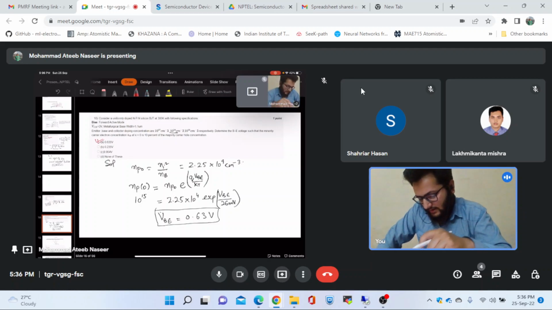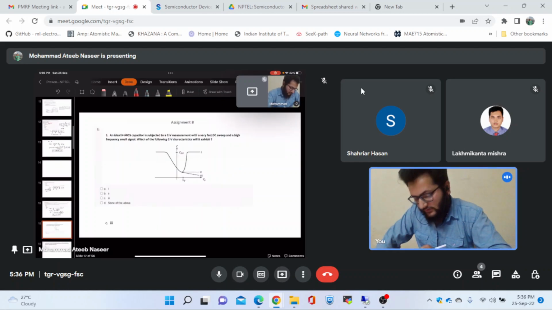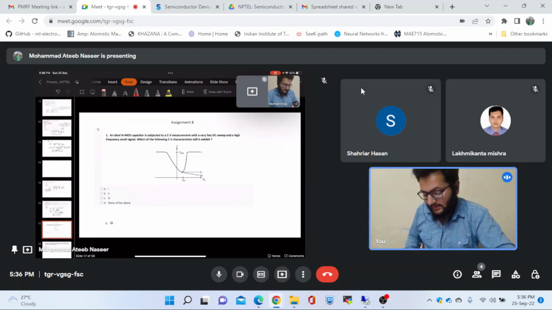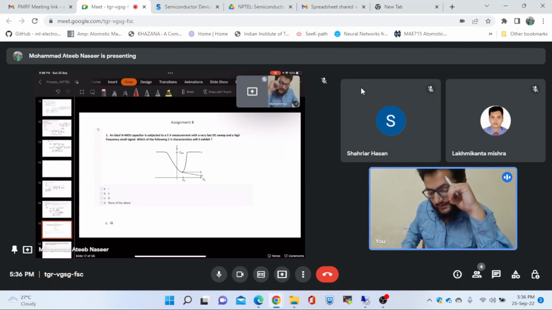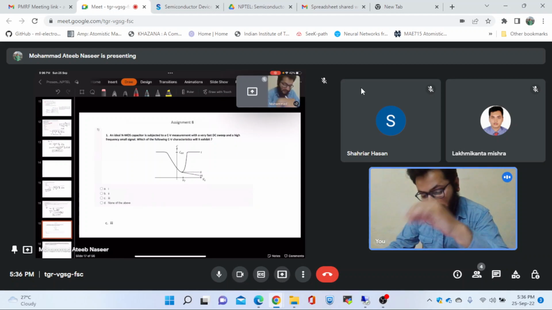So now let's move towards another assignment. It is the assignment 8. It says that we have to deal with now the MOS cap. So it says that we have some CV curve that has been given, where this V is the applied bias on the gate, this VG.